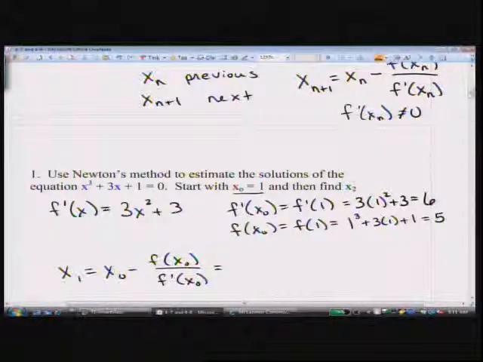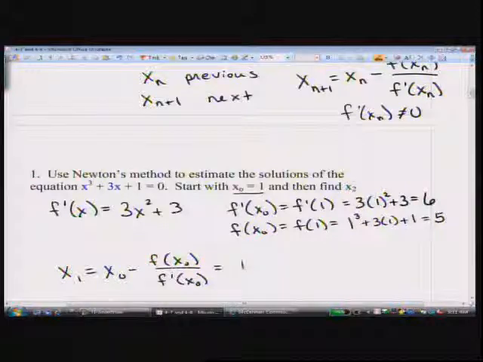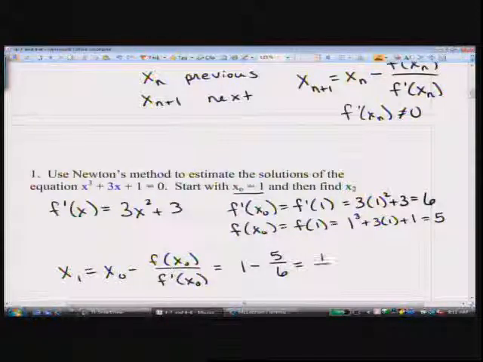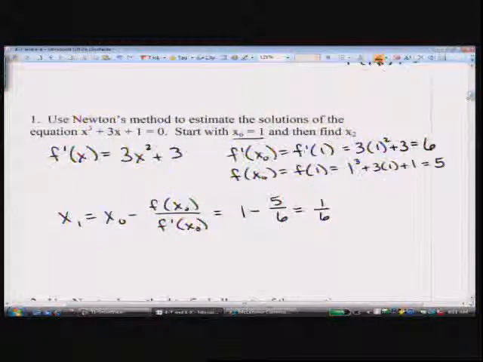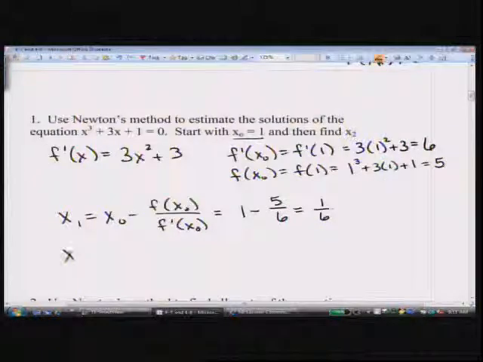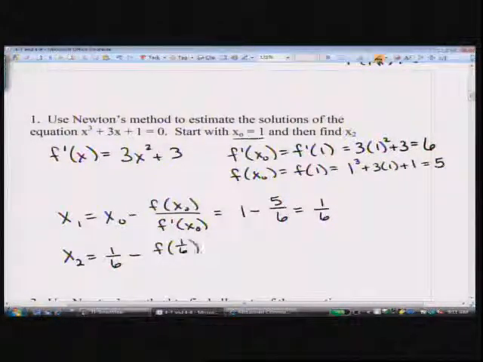So it will be, in this case, 1 minus 5 divided by 6, or 1/6. And then this is what we will use to find x sub 2. X sub 2 will be 1/6 minus f at 1/6 over f prime at 1/6.